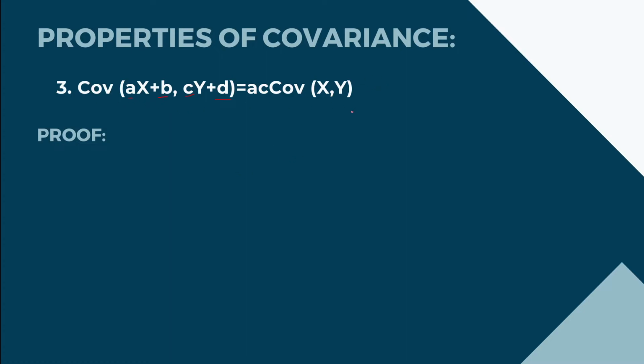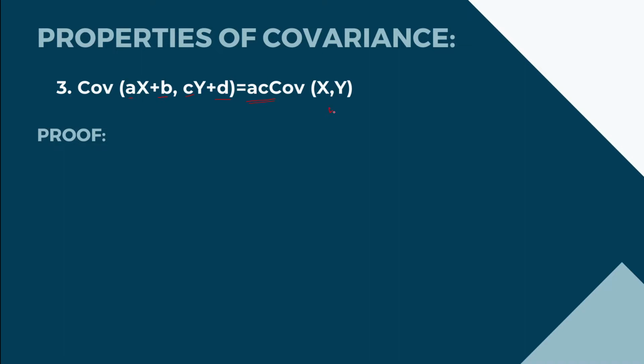Therefore the third property is covariance of ax plus b, cy plus d is nothing but a into c covariance x and y. Means from the last expression we observe that only the scales are present in the expression, hence covariance is affected by change of scale only.